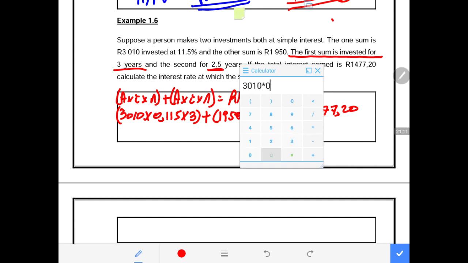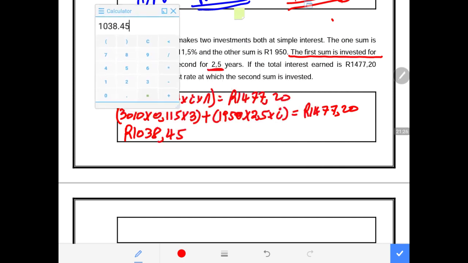3,010 times by 0.115 times by 3 years will give us a total of 1,038 rand 45 cents, meaning this is the interest that was earned on the first investment. Then if we say minus 1,477.20, we already get interest that was earned on the second investment.